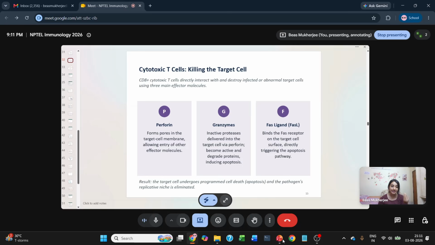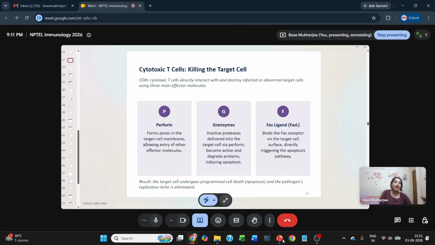Then there are granzymes. So these granzymes are actually present in the form of inactive proteins, inactive proteases, inside the cytotoxic T lymphocyte. So now remember, enzymes can be present in the form of zymogens, right? So zymogens are inactive enzymes.